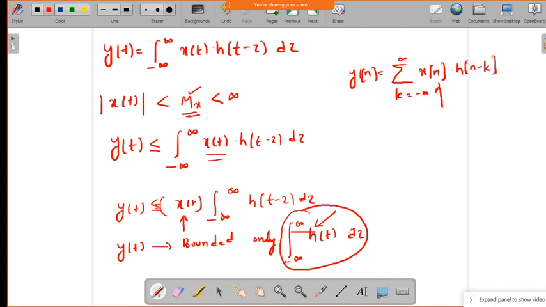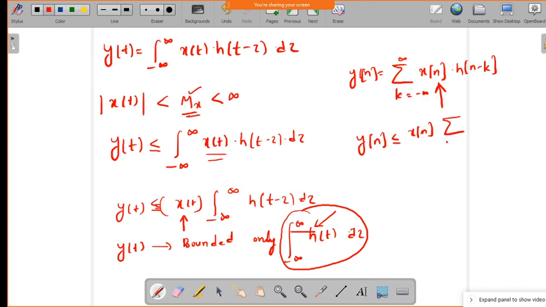Now if your input is bounded, then y of n is always less than or equal to the response, the convolution of this input signal. Since x of n is bounded, you can take it out.